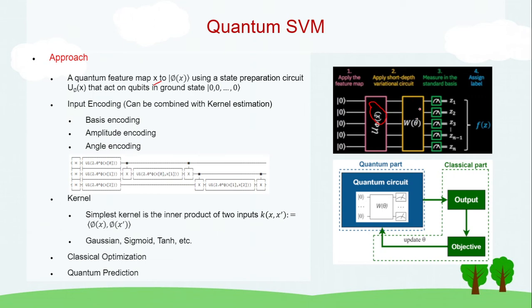It's called variational because you keep changing this value until you get a satisfactory result from the training data. Then you make a measurement, and you define a function to convert this measurement to a +1 or -1 value. Again, we know that these are probabilistic values, so we may have to run many times to know the probability of the right class that we get.